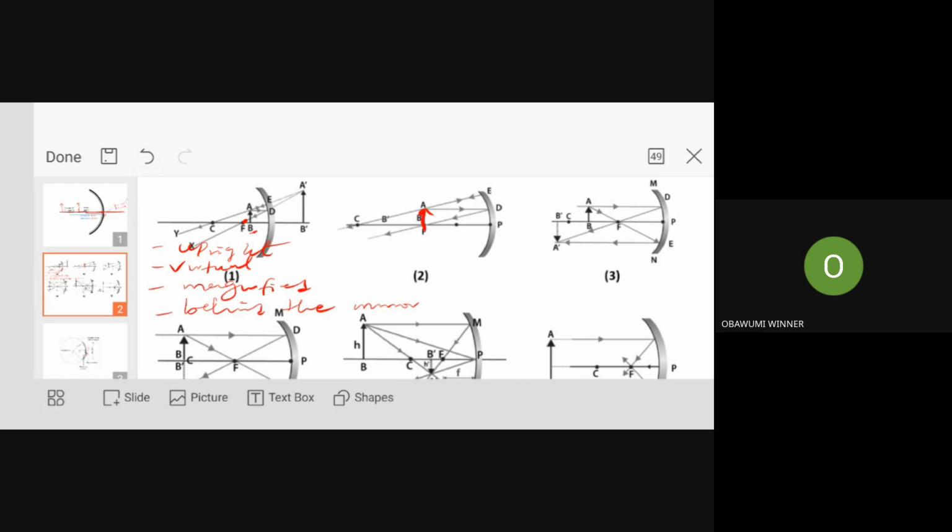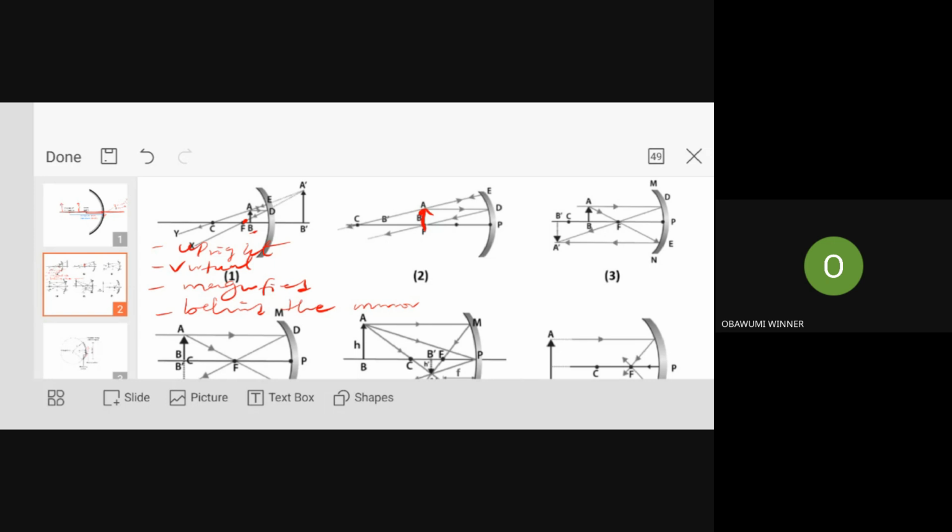So you keep on looking for the image, you won't see it, even though the object is kept in front of the mirror. If the object is kept in front of the mirror exactly at the focal point, the image will be formed at infinity. So your eyes can't see where the image is being formed.